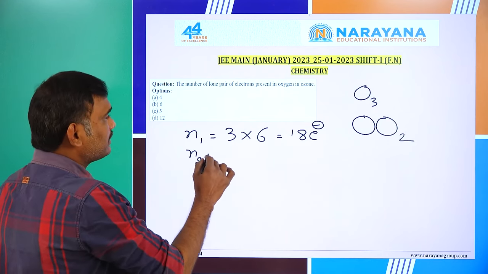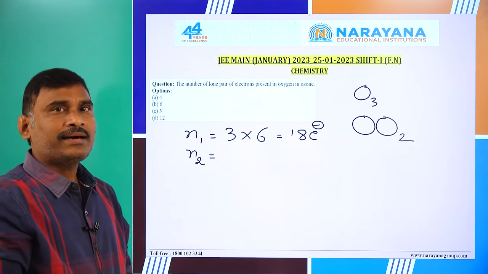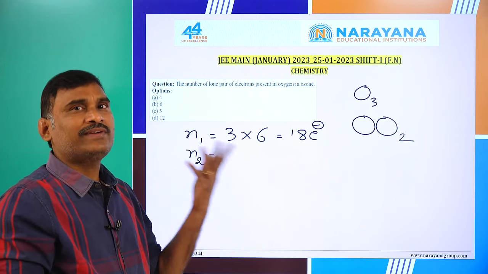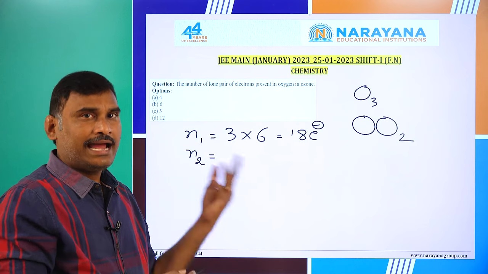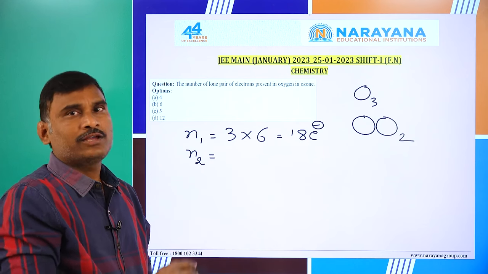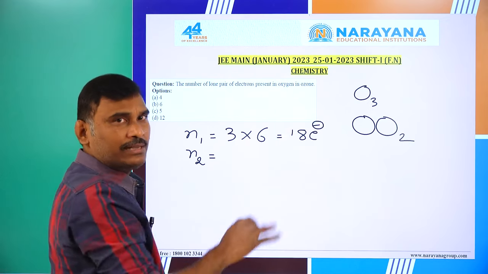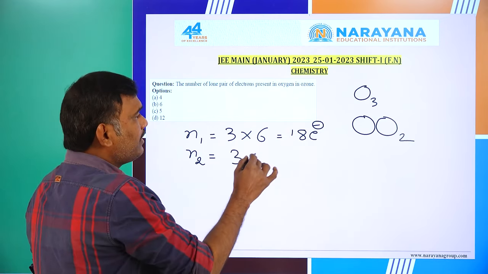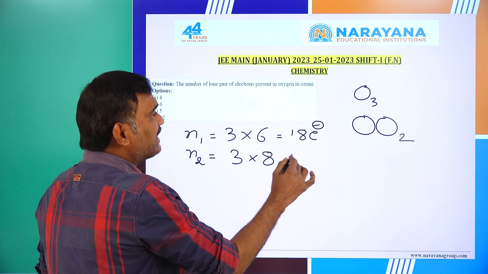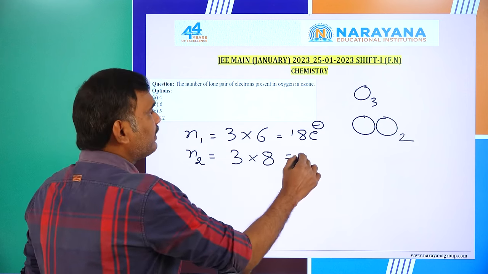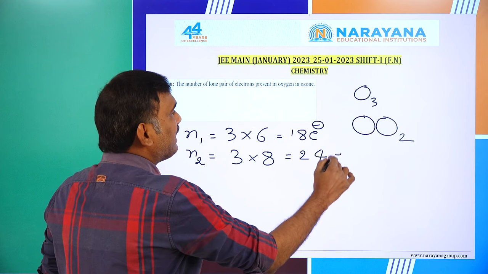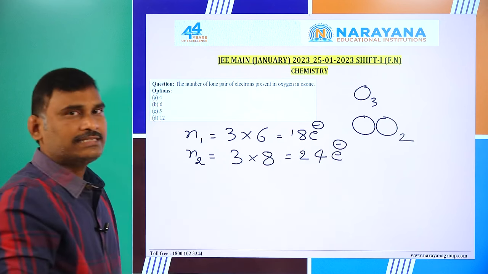N2 is the number of electrons which satisfy the octet configuration, other than hydrogen. If any hydrogen is there, you multiply with 2. That is, the number of oxygens present is 3, and if each satisfies the octet configuration, the total number of electrons is 24.